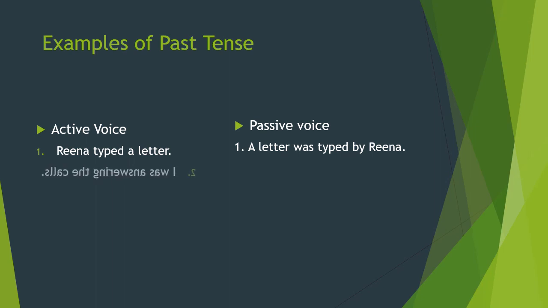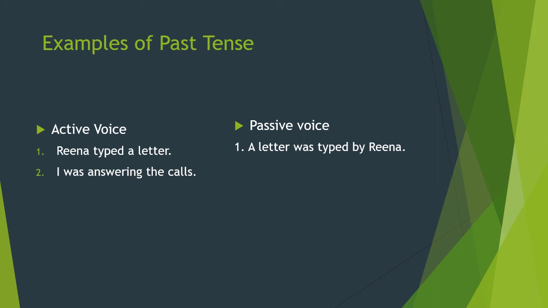Now the next sentence, I was answering the calls. Here subject is I, object is the calls and verb is was answering, which is past continuous tense. Past continuous tense will change to was or were being plus the past participle, that is answered.